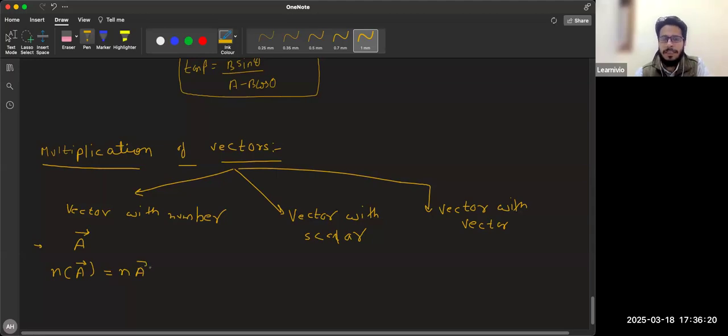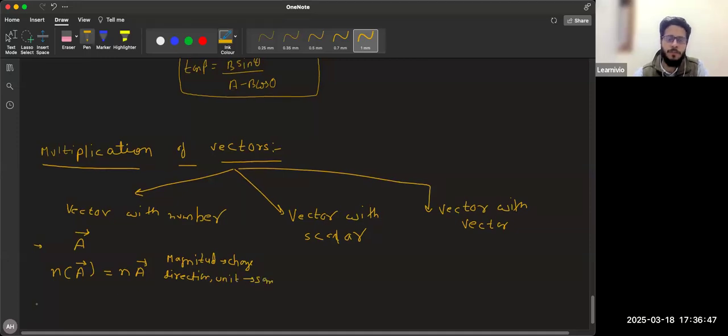That means nothing will change other than the magnitude of the vector. The magnitude will change. Direction and unit will remain the same.